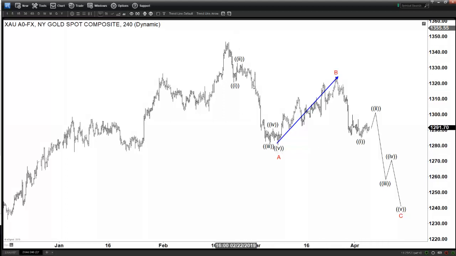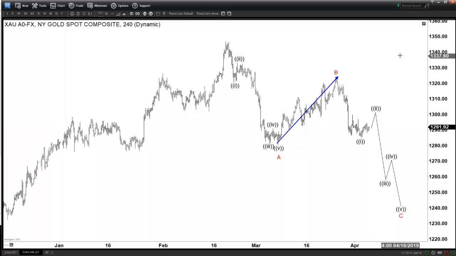Now in order for this view to get validation, technically speaking, gold still needs to break below here. So if gold is able to break below the previous low here, that will gain validation. We got a sequence, the sequence is bearish, lower low, and so therefore we can see more downside.